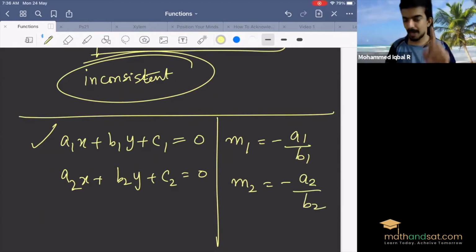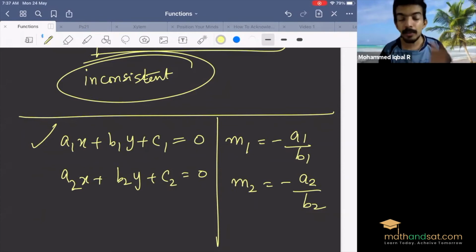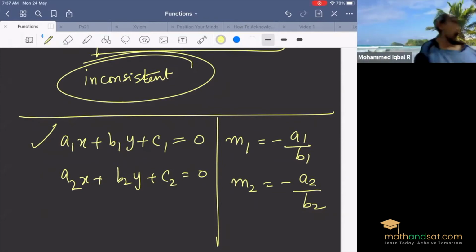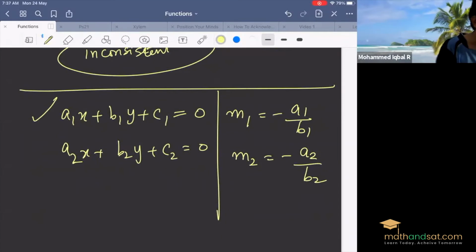Now, this is a very interesting part. Please listen carefully. When I say that the x and y coefficients are proportional, forget about the constants. If the coefficients are proportional, we are saying that their slopes are equal. Why? If I equate the slopes, minus a1 by b1 is equal to minus a2 by b2.